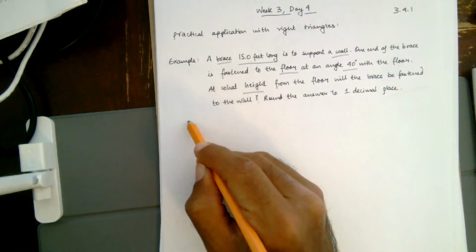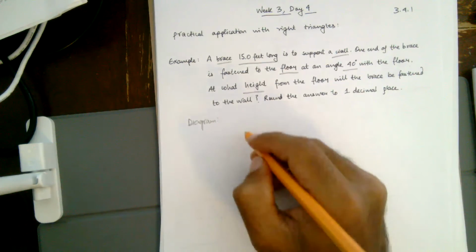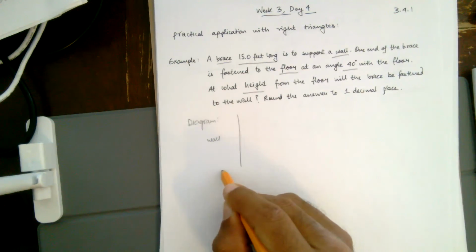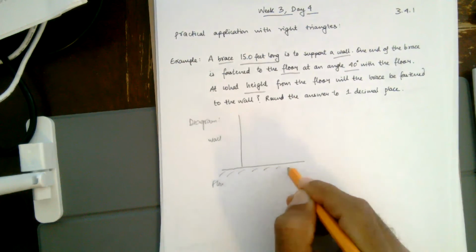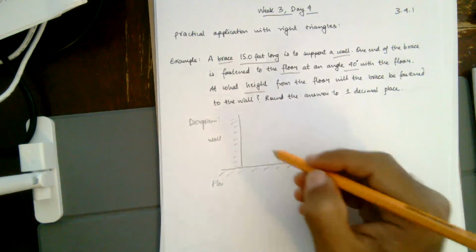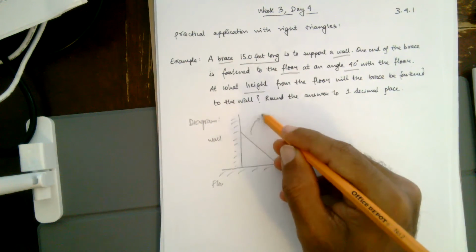So let's go with our diagram first. So there is a wall and a floor. And the wall. And I am to put a brace. Say that's the brace.